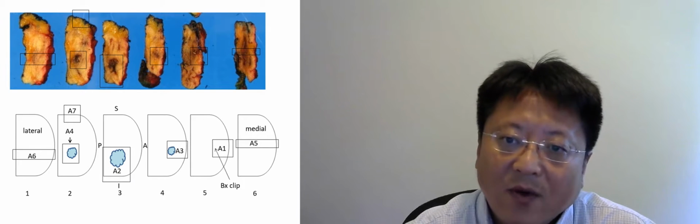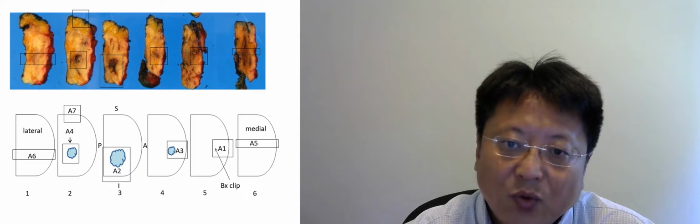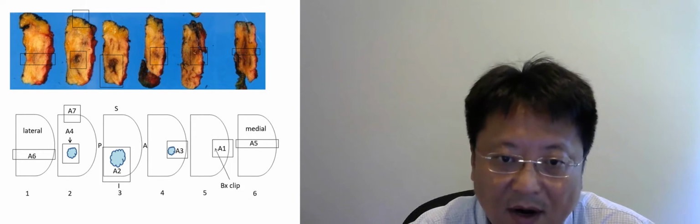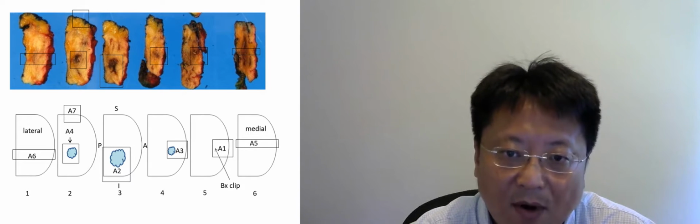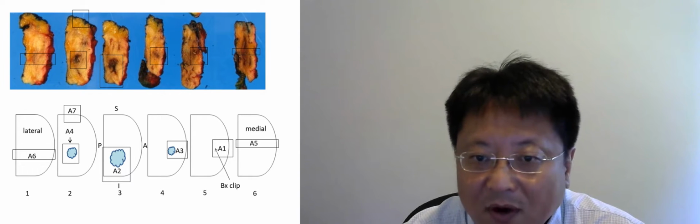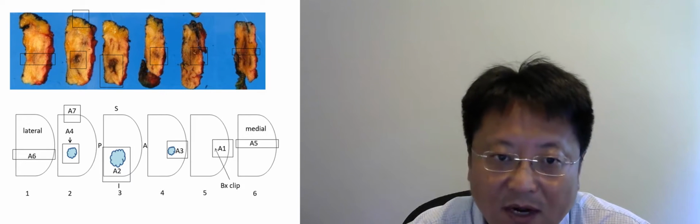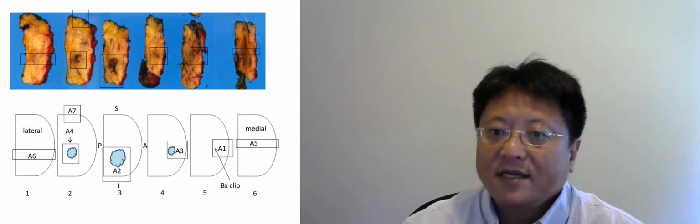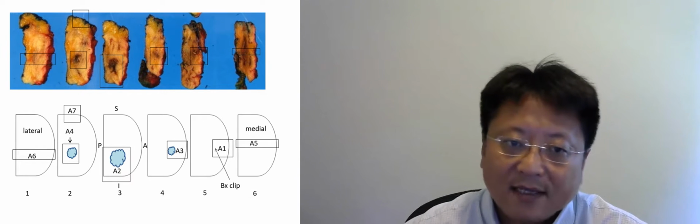A1 is the biopsy clip including the anterior margin. A2 is tumor with inferior and posterior margin. A3 is tumor in slice number 4 with anterior margin. A4 is tumor. A5 is a representative section in slice number 6.